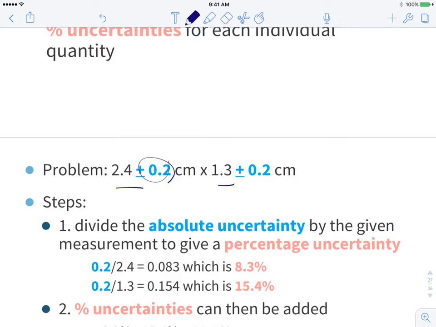Well, it's 8.3%. This is the math right here. So first I find the percentage. I take the uncertainty and I divide it by the value. We can write that out here. To do the percentage, I do the uncertainty divided by the value of the measurement.